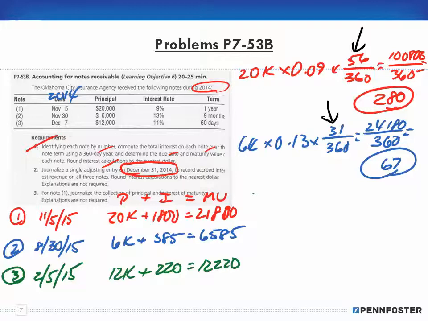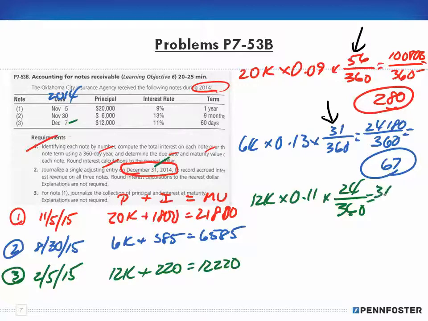Okay, and so now I have 12,000 times 0.11 times 24 days over 360. 24 days because December 7th to December 31st is 24 days. Do the math. Times 0.11 times 24 is 31,680 over 360. Divide by 360, and that gives me $88 in interest.